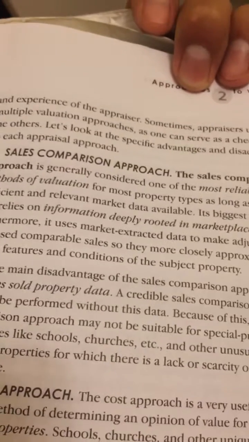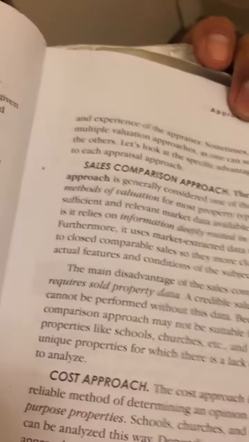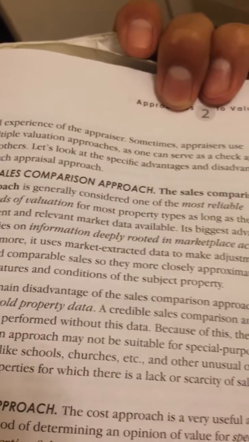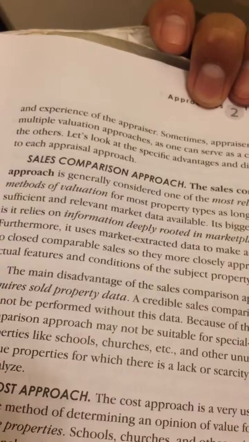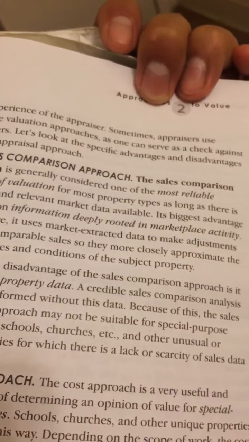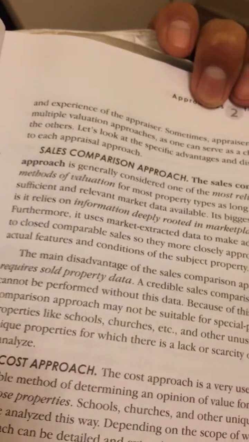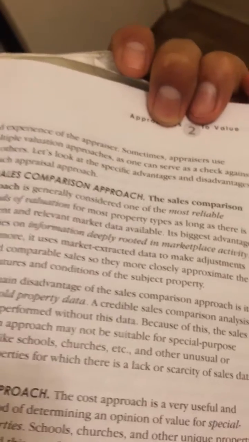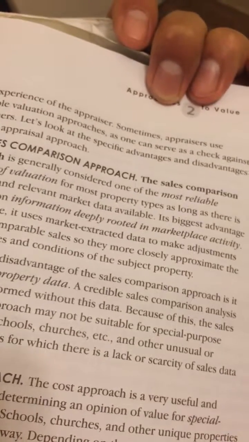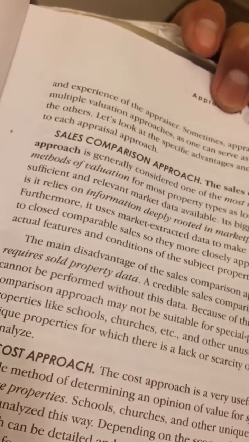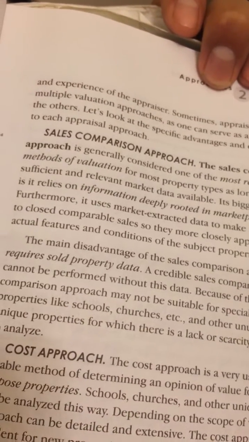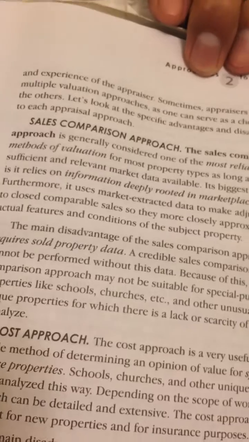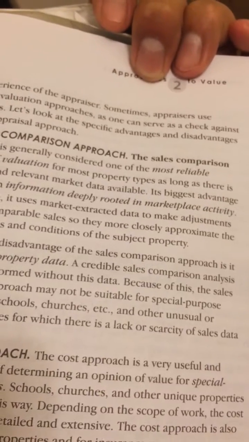Sales comparison approach. The sales comparison approach is generally considered one of the most reliable methods of valuation for most property types, as long as there is sufficient and relevant market data available. Its biggest advantage is it relies on information deeply rooted in marketplace activity.